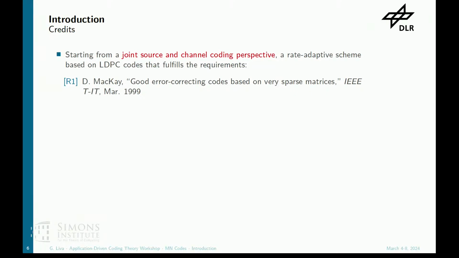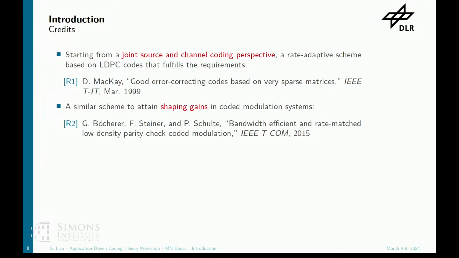And if you twist a little bit the source coding viewpoint, as we're going to see in a while, you can get a rate adaptive scheme based on a single LDPC code that fulfills all the requirements that we are looking at.